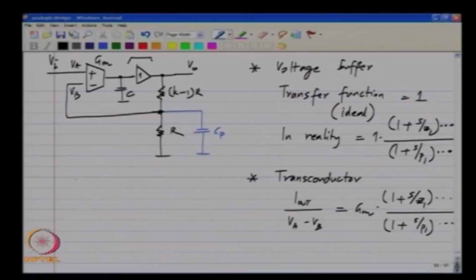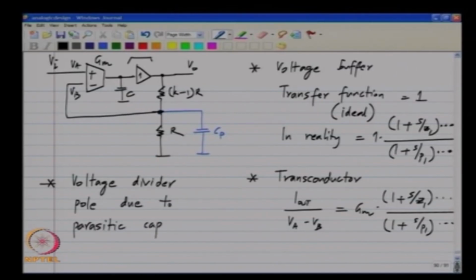So, to summarize, the voltage divider has a pole due to the parasitic capacitance Cp.